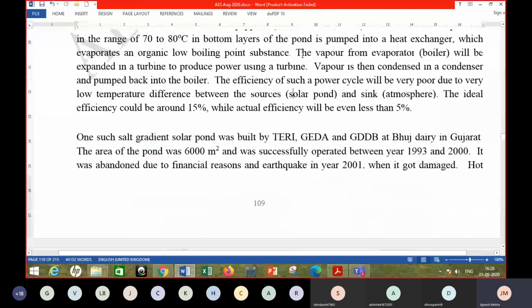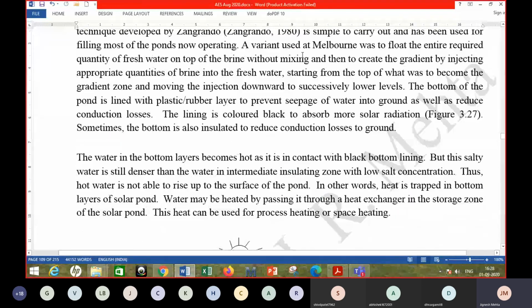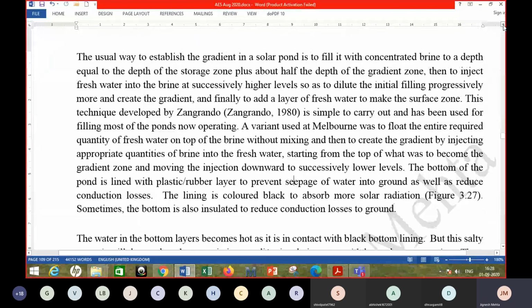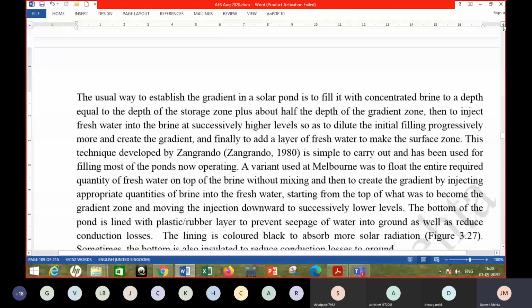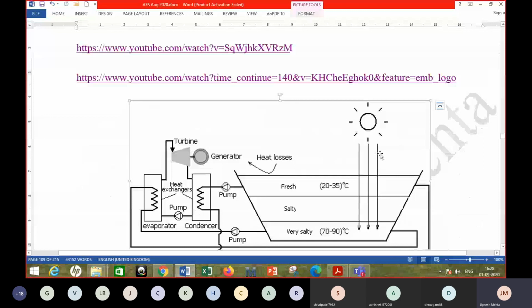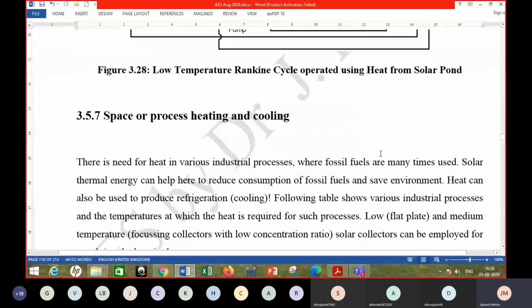So when used rationally, these can help us reduce the environment related issues with the energy consumption. So we will talk about some more applications of solar energy in the coming lectures, starting with the process heating and cooling applications.